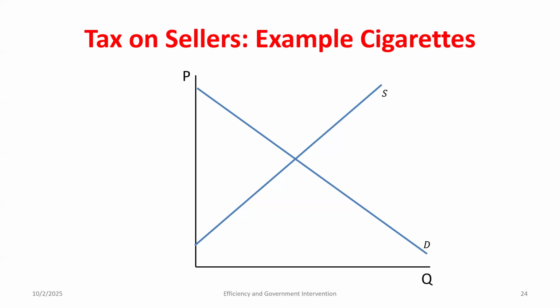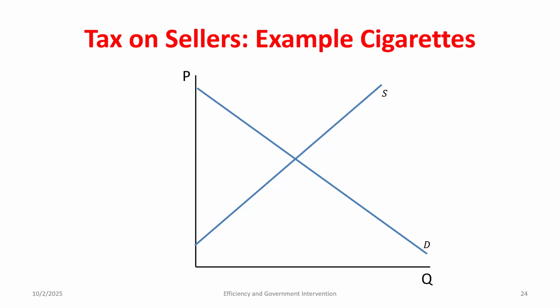Now, what is producer surplus? It's going to be the area above their supply curve, but below this new price that they get to keep. Before, it would have been this entire triangle. So what's happened to producer surplus? It has gone down. What's happened to consumer surplus? It's gone down, right?